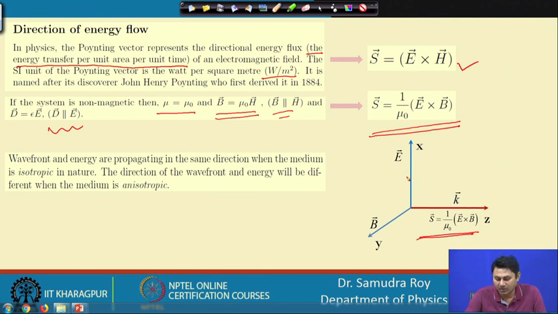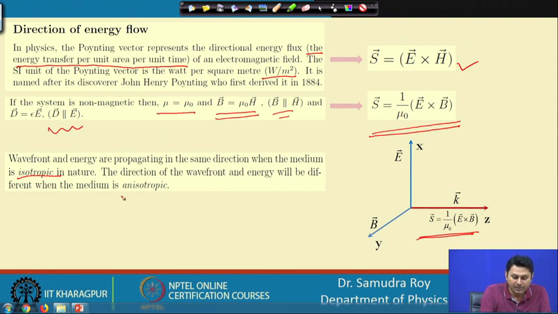If I take E cross B and use the right hand screw rule, you will find it is in the same direction as k. But here I should mention very clearly that this is only true for an isotropic system, as shown here. The wavefront and energy are propagating in the same direction when the medium is isotropic.